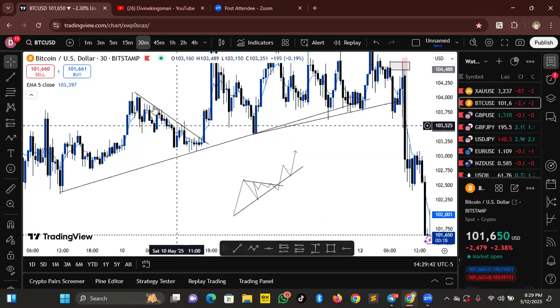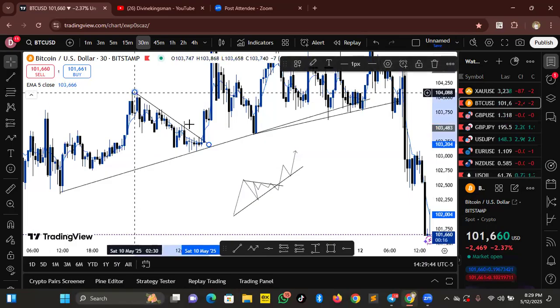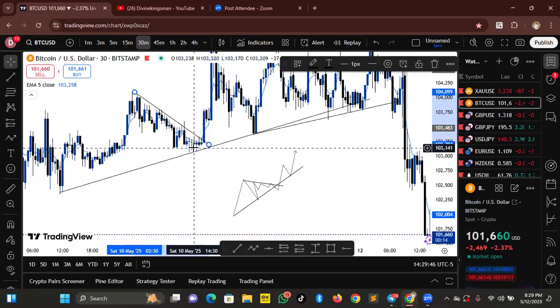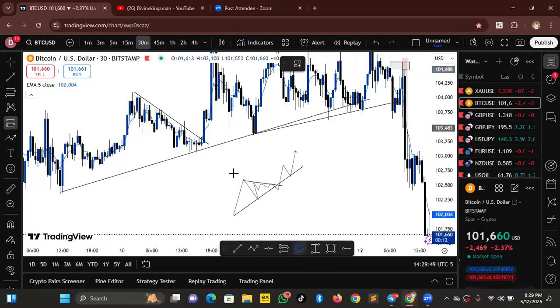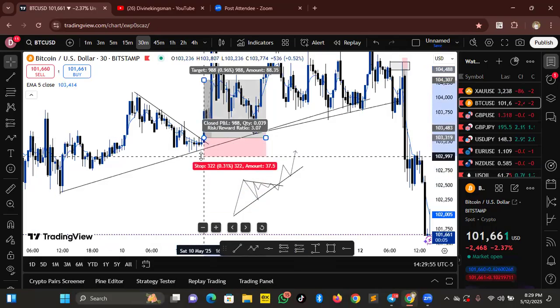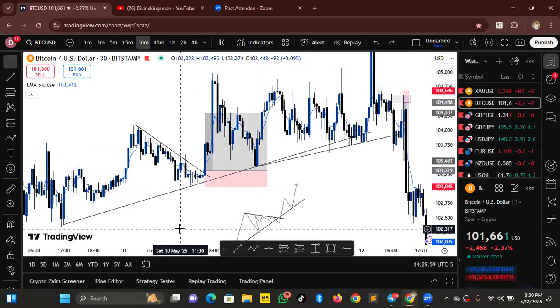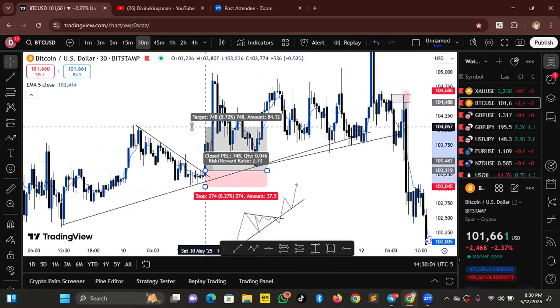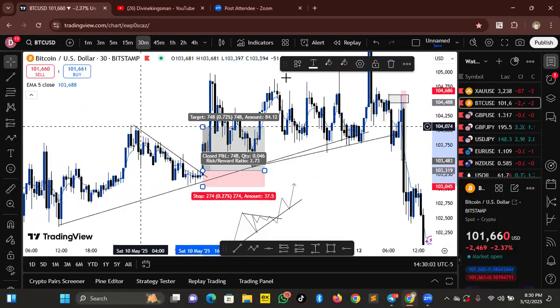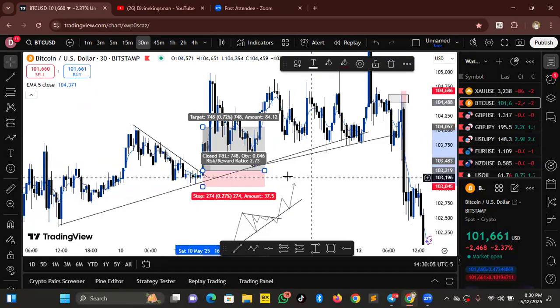If there is a breakout like this, for instance, the way you connected these highs here, and then this market breaks out, there are aggressive traders. The moment they see that this market will likely break this trend line, they enter immediately, before the breakout even happens, put their stop loss below, and target the last high, and you can see, boom, they make their profit. This is for an aggressive trader.